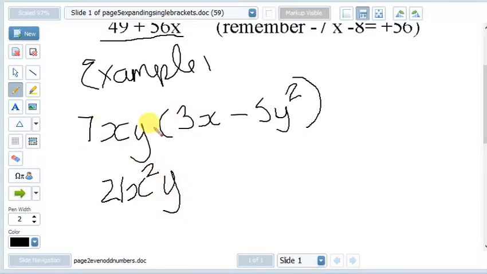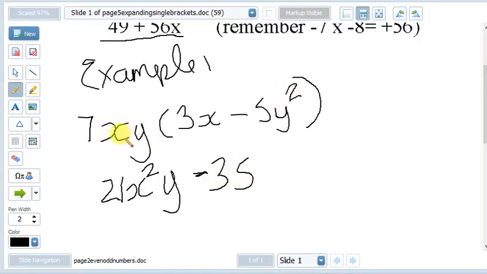We're not quite finished yet, because we've still got to times this by the other thing inside the bracket. So 7 times 5 is 35.